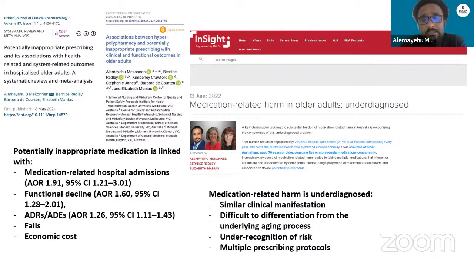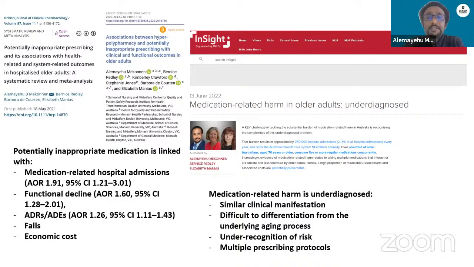We have suggested a number of reasons why medication-related harm is underdiagnosed in Australian public hospitals. Maybe physicians may not differentiate the clinical manifestations of the disease versus the medicine.